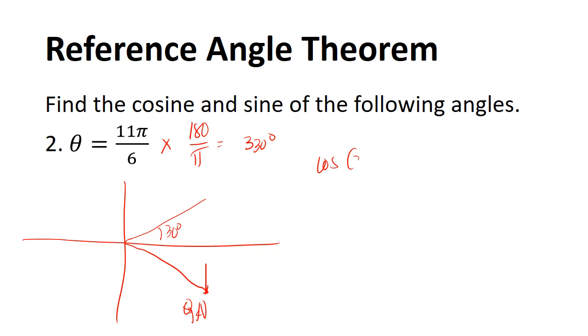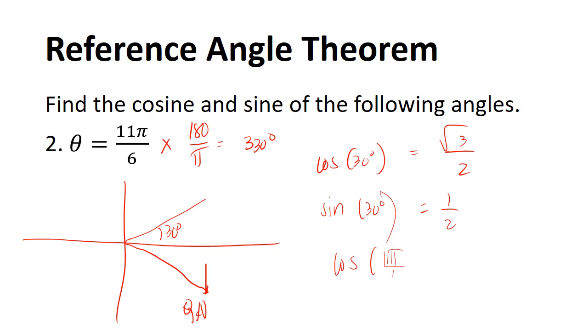And ano ang cosine ng 30? At sine ng 30? Cosine ng 30 ay square root of 3 all over 2. Ang sine ng 30 ay 1/2. And therefore, yung cosine ng 330 or 11 pi over 6 at sine ng 11 pi over 6 ay equal lang din sa square root of 3 all over 2 at 1/2, depende lang sa sign.